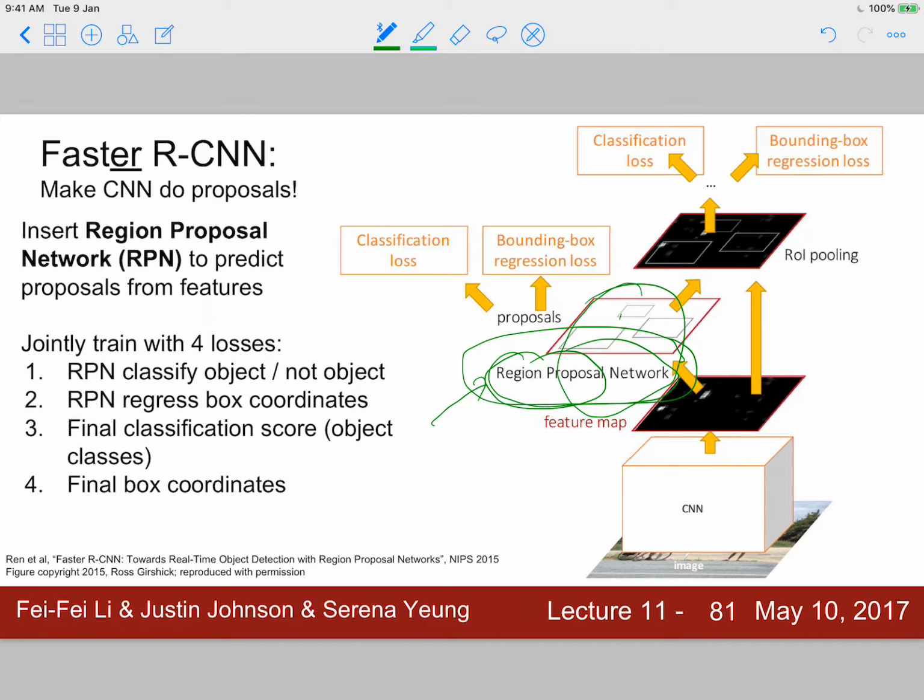So you can understand this as training this region proposal network from the beginning, from random initialization. That way, we don't need to incorporate any additional region proposal method.